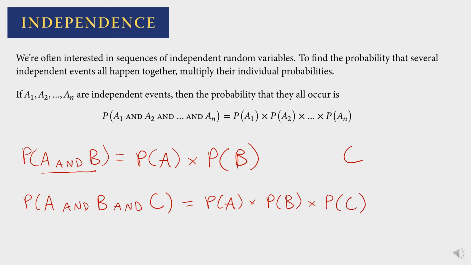And we can keep adding as many variables as we want as long as they're independent. In other words, you can chain this result. And this is actually a pretty important result that will be underlying a lot of what we do in the course.